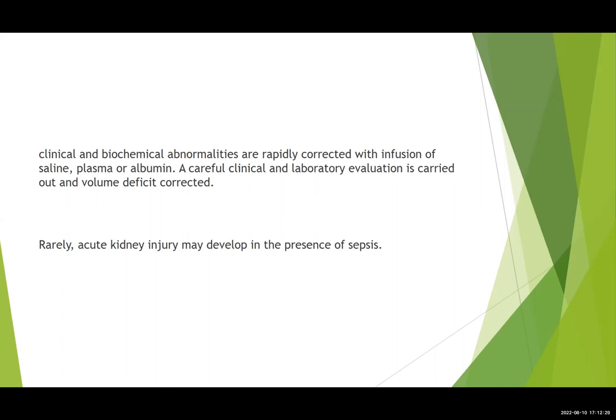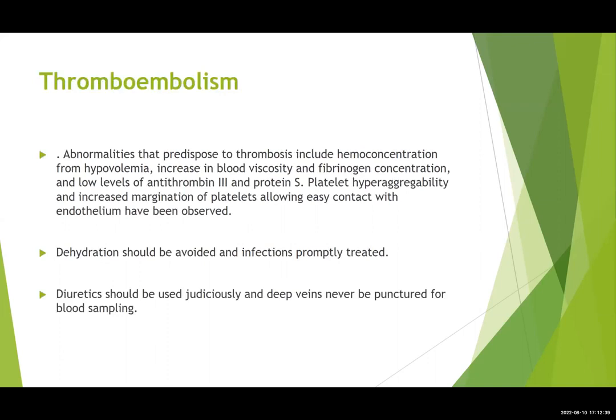This hypovolemia in some cases may have acute kidney injury. Patient may have acute kidney injury, especially if there is infection or sepsis. Sometimes thromboembolism is very serious, and usually during your treatment, or while the patient is in the ward, if he suddenly develops shortness of breath, you have to consider pulmonary embolism.